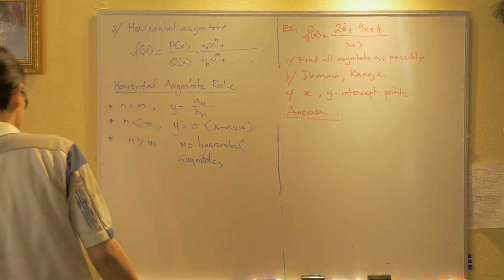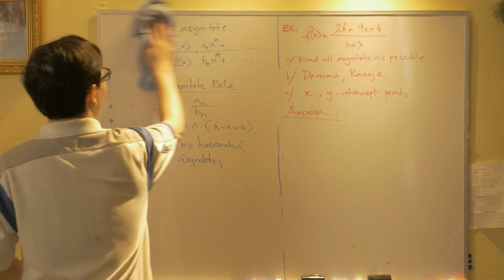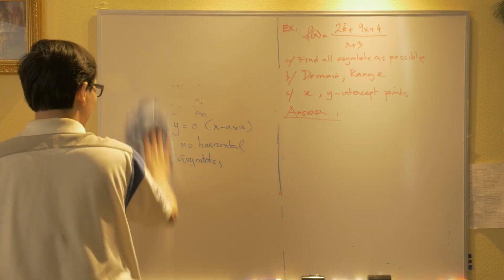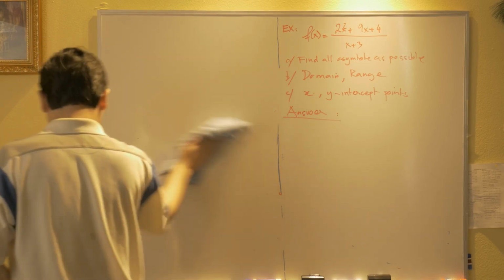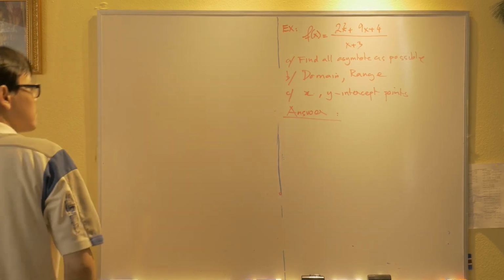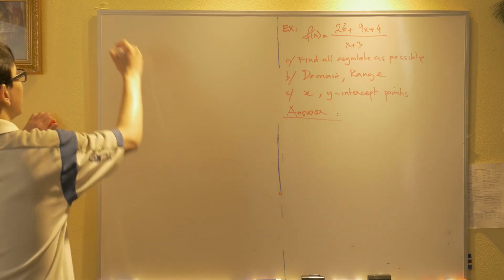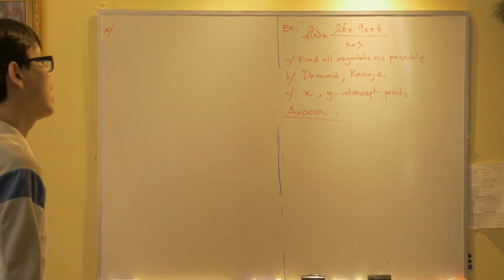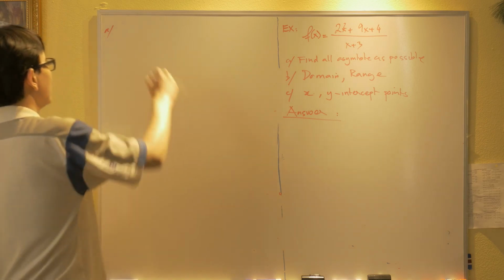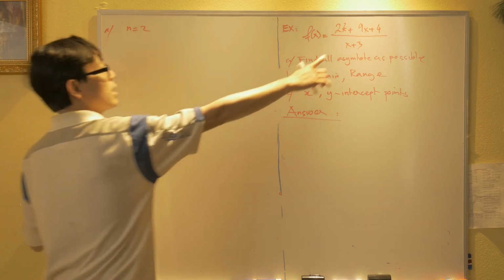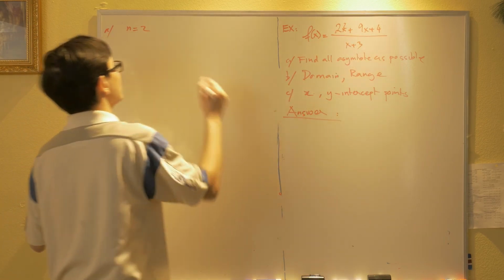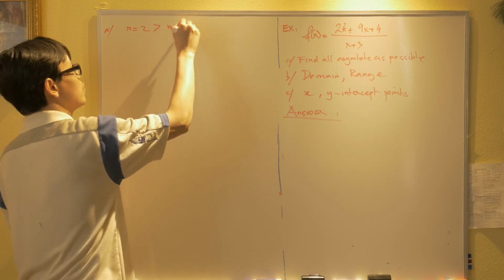Let me erase this too. Okay, so let me find all the asymptotes. We know that on the top, n equals 2, right? The highest exponent is 2, the highest exponent over here is 1, so n is greater than m equal to 1.